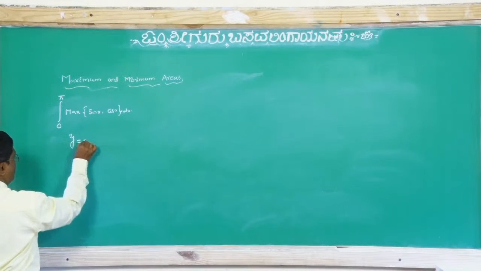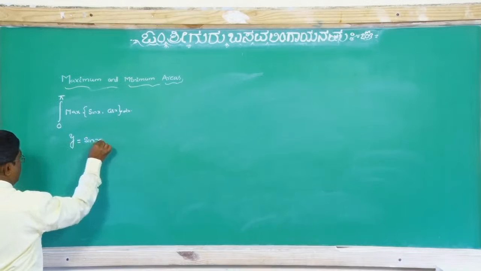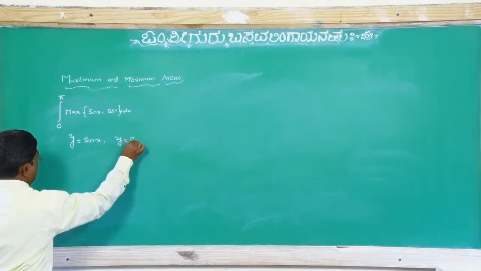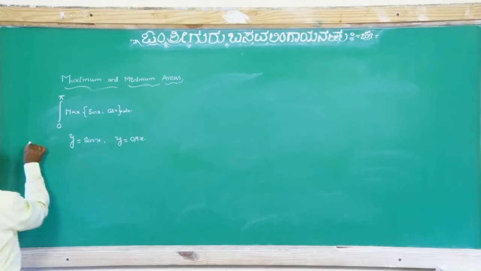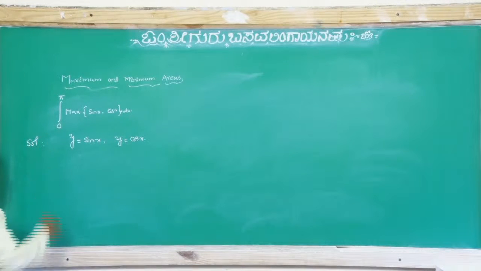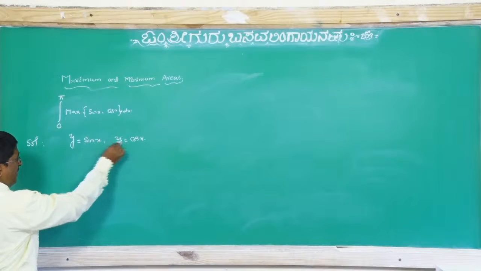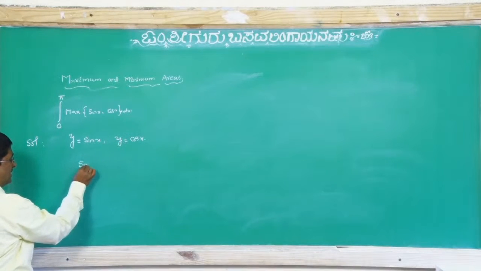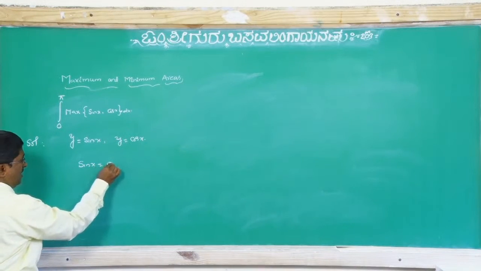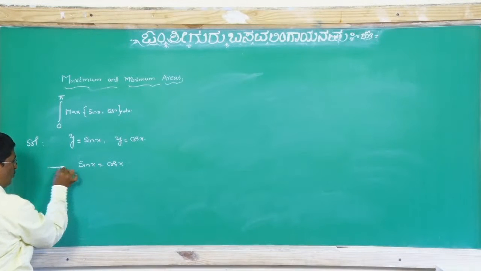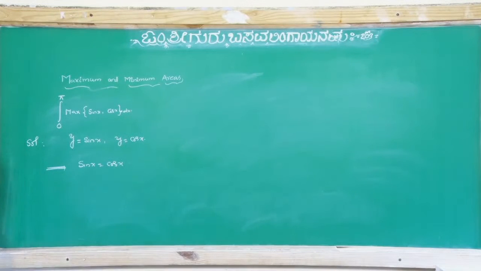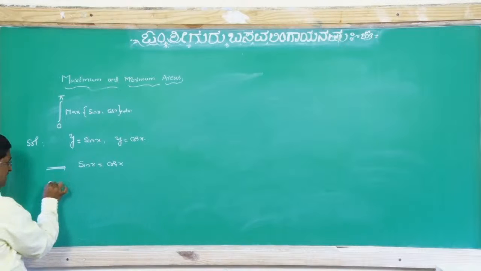Let us assume y is equal to sin x and y is equal to cos x. Solving these two curves, we get the point of intersection. Equating y, sin x is equal to cos x.